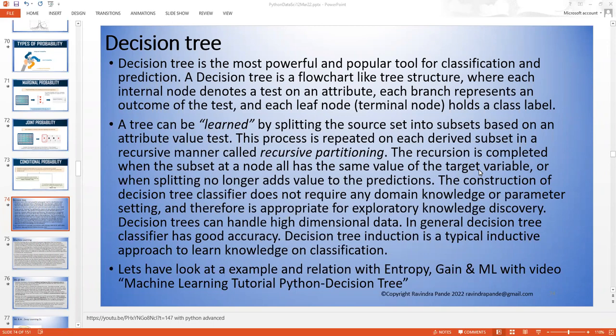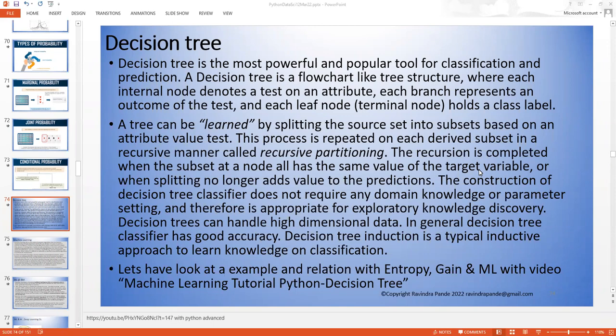The recursion is completed when the subset at a node all has the same value of the target variable, or when splitting no longer adds value to the prediction. What we said is, when we understand this is the final result, this is the final outcome we are looking for, that's when we stop. Now what we are trying to do is capture those decisions in a programmatical manner, a manner where we can implement it for a given set of progressions.